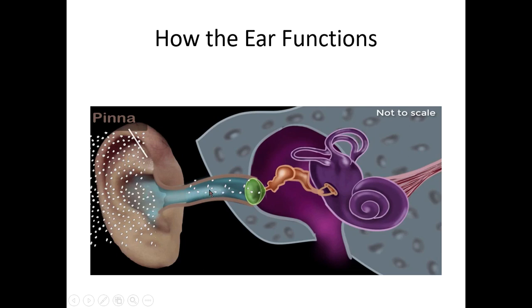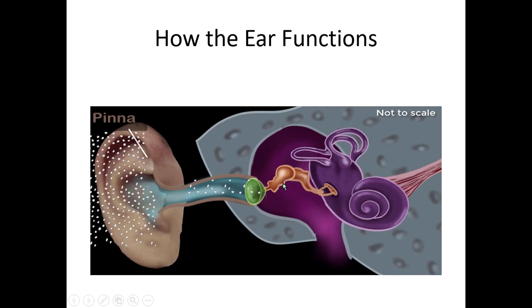The vibrating particles vibrate the tympanic membrane or the eardrum, and sound waves are converted to mechanical movement, or movement of the ossicles. And these ossicles move like little levers in the ear.